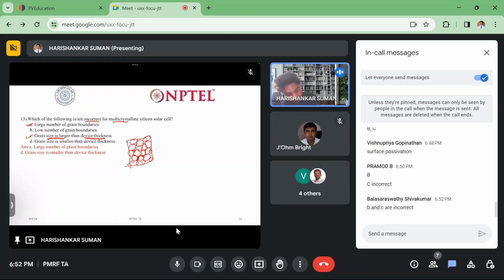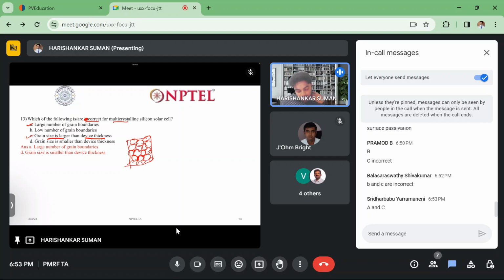Which are the correct options for a multicrystalline silicon solar cell? A larger number of grain boundaries, grain size larger than the device thickness, grain size smaller than the device thickness.